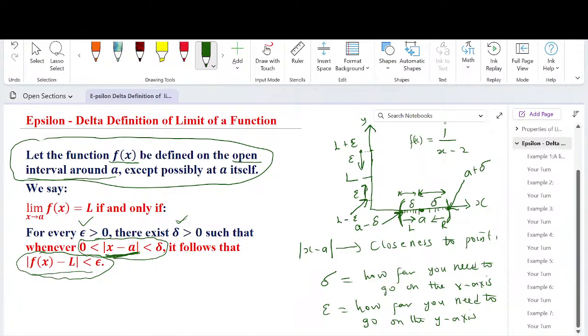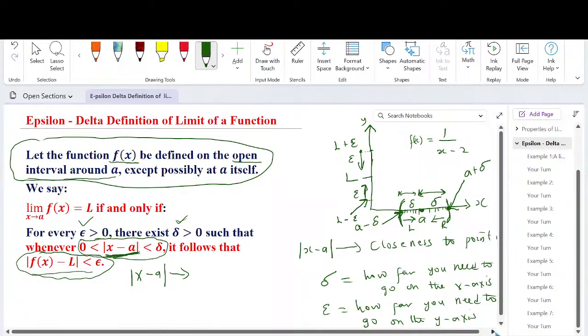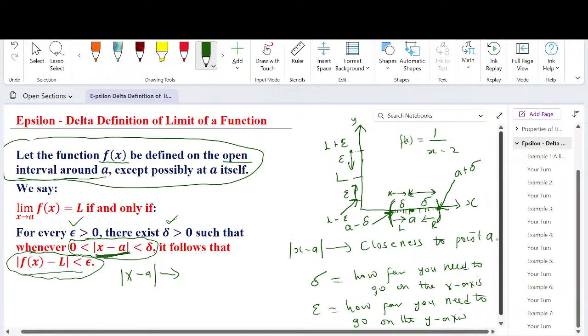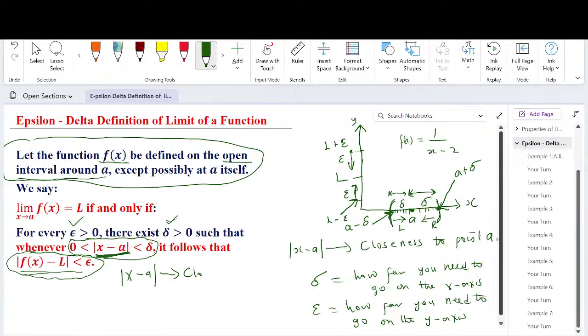I've explained the epsilon, I've explained the delta, and I've explained the meaning of this. So this absolute value of x minus a is the closeness to point A, as I said earlier.